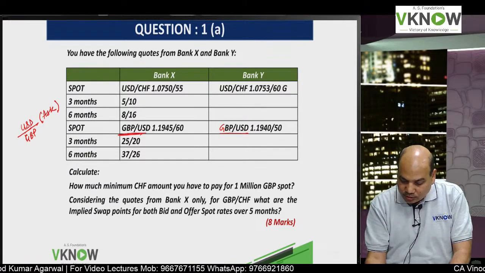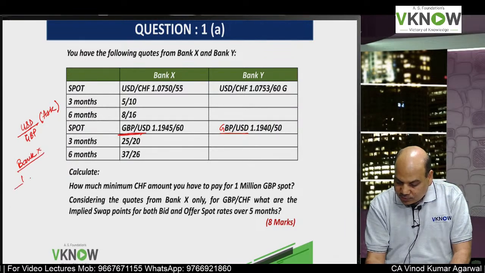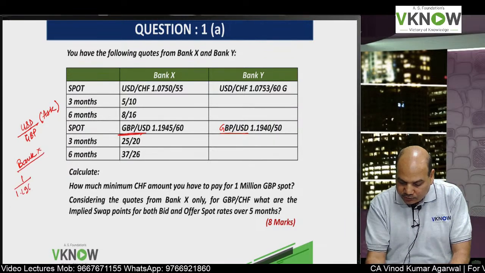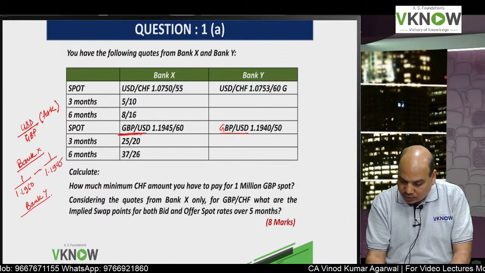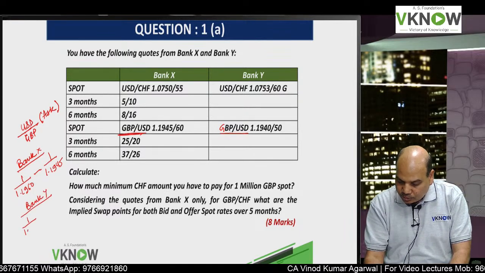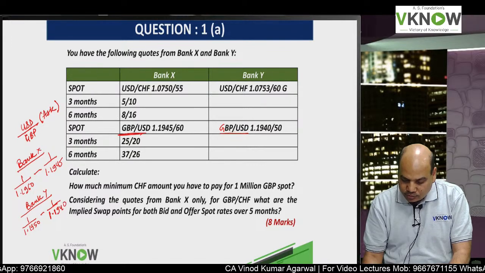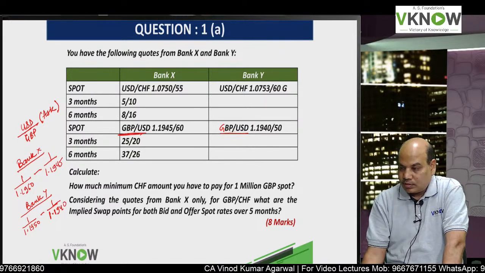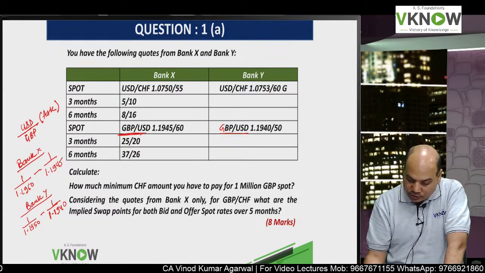My USD per GBP with bank X will become the reciprocal: 1 divided by 1.1960, 1 divided by 1.1945, and with bank Y, 1 by 1.1950, 1 by 1.1940. Because I am changing the base, I have to take the reciprocal.